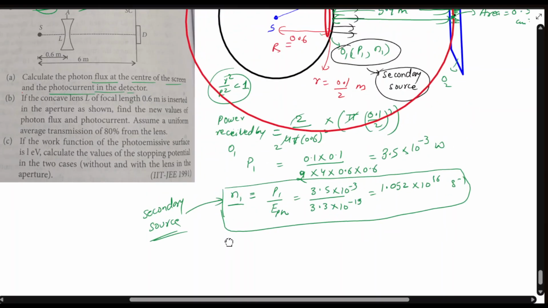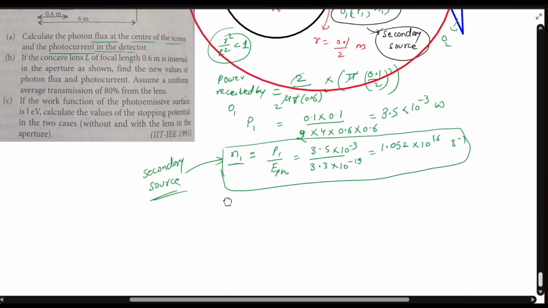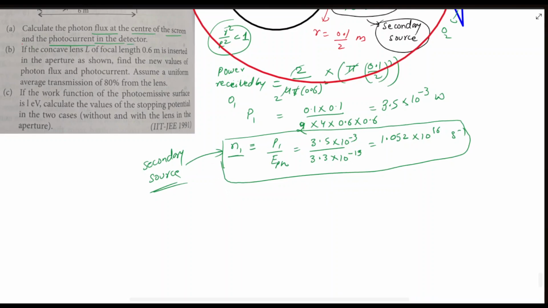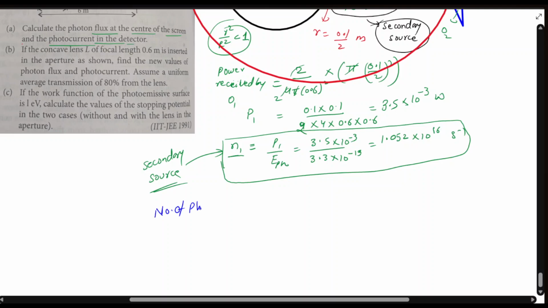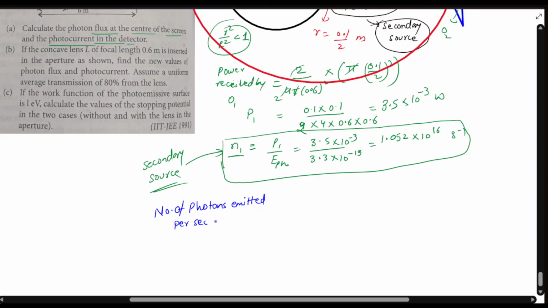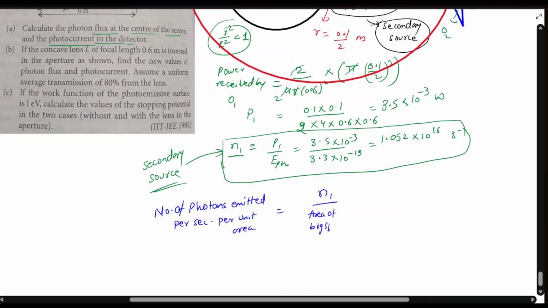If we want to find the number of photons emitted per second per unit area, it will be N1 divided by the area of the big sphere.